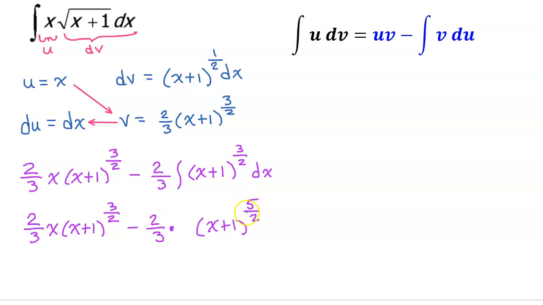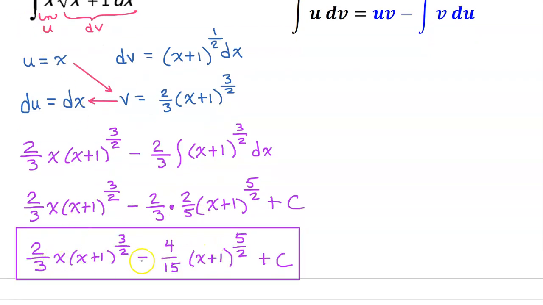Then we have to divide by the new exponent, but dividing by 5/2 is the same as multiplying by 2/5. When we do a mental u substitution, we have to divide by u prime, but in this case u prime is just 1, so it changes nothing. So this is the final answer.